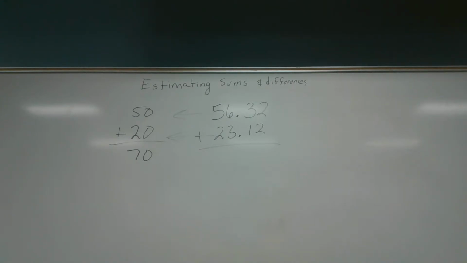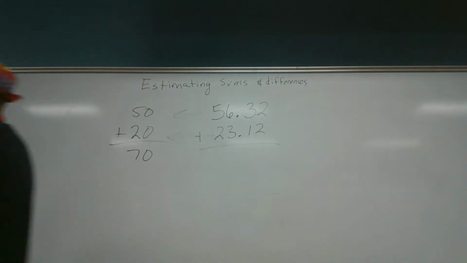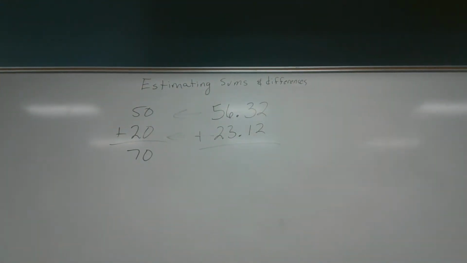And how else do we know? Because you have the numbers in the ones place. Okay, because I have numbers in the ones place. Explain that deeper for me. It's going to be greater because the whole numbers are 56 and 23, but you just took out the ones place and added the tens places together.